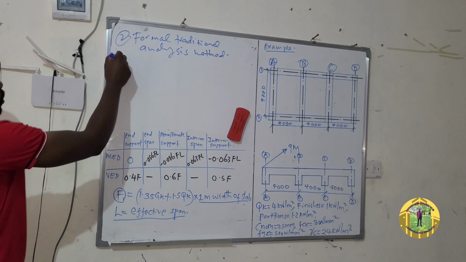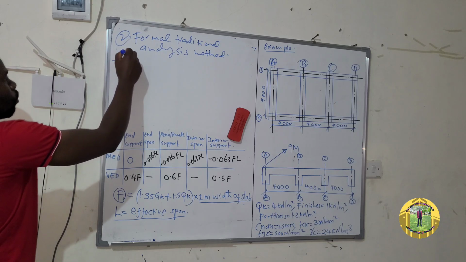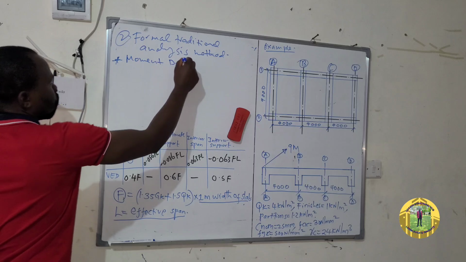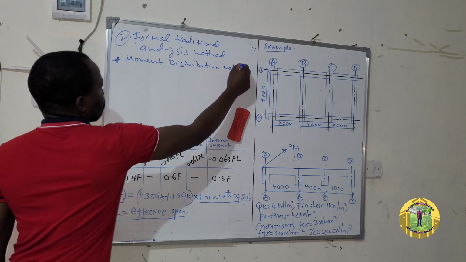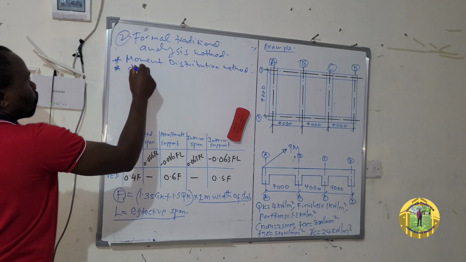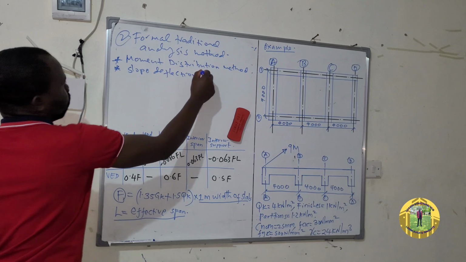And an example of this is, number one, we have the moment distribution method. Number two, we have the slope deflection method.